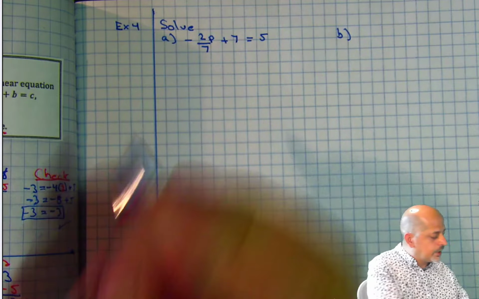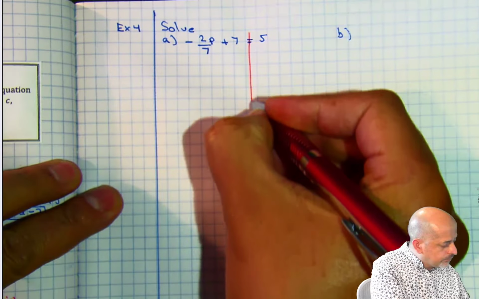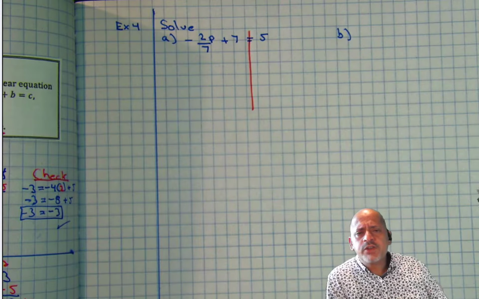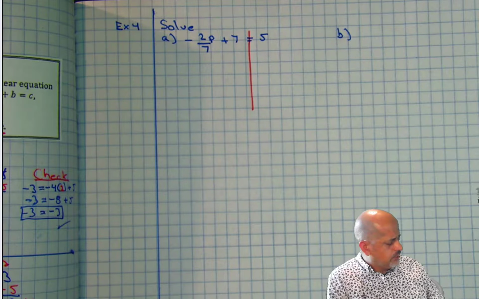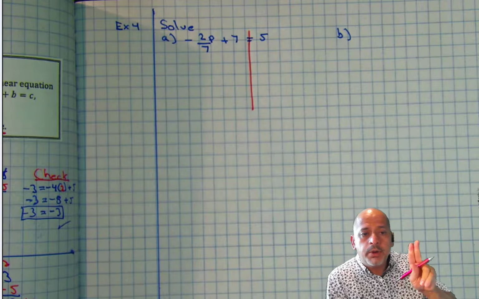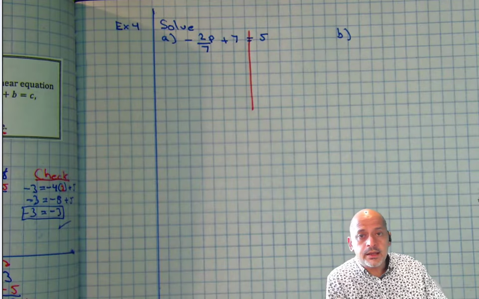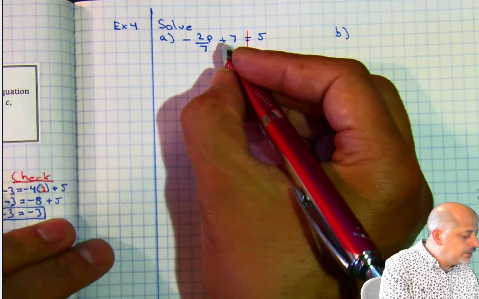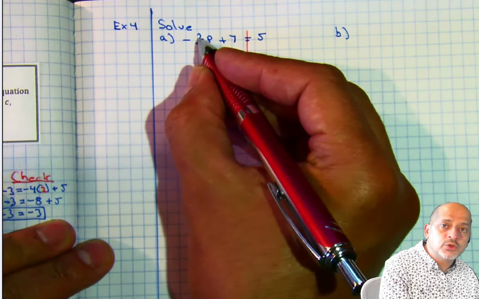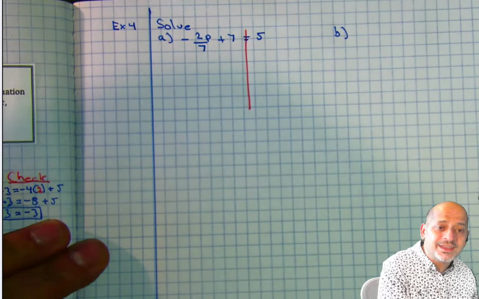Correct. My red pen. I'm going to draw the line. Go ahead and see if you can solve it. Follow example number 3b. Go and pause it and see what you get. You got it? So now I need to get rid of the negative 2, the 7, and the 7.